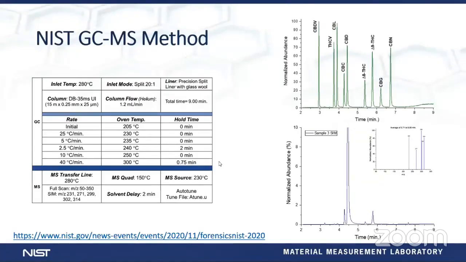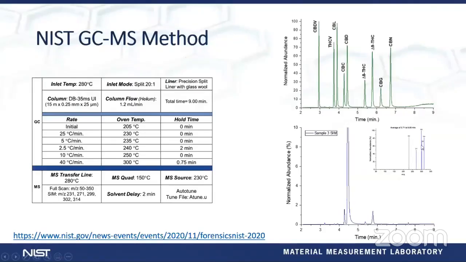But the other aspect of what we did in our GCMS work was we centered around trying to develop what's called a selective ion monitoring method. Instead of a forensic lab having to collect a full scan, where you're going to decrease the sensitivity of your analytical method, you could do a SIM mode, where in this case, we basically choose the mass spectral peak shown here in the slide.